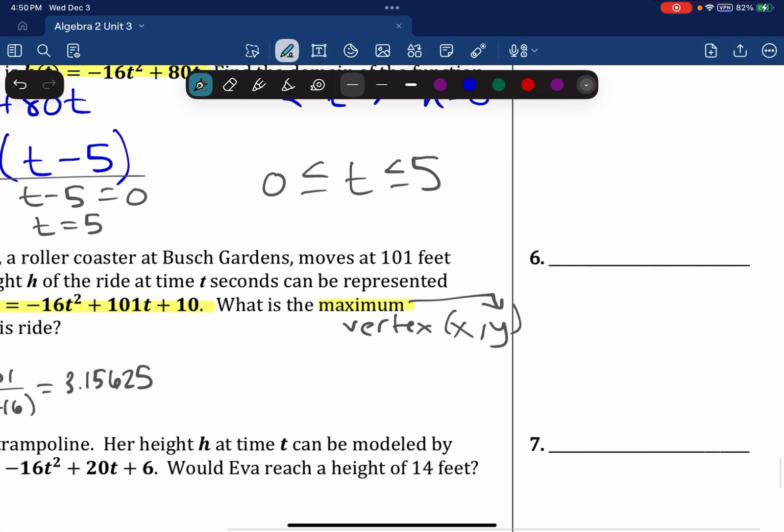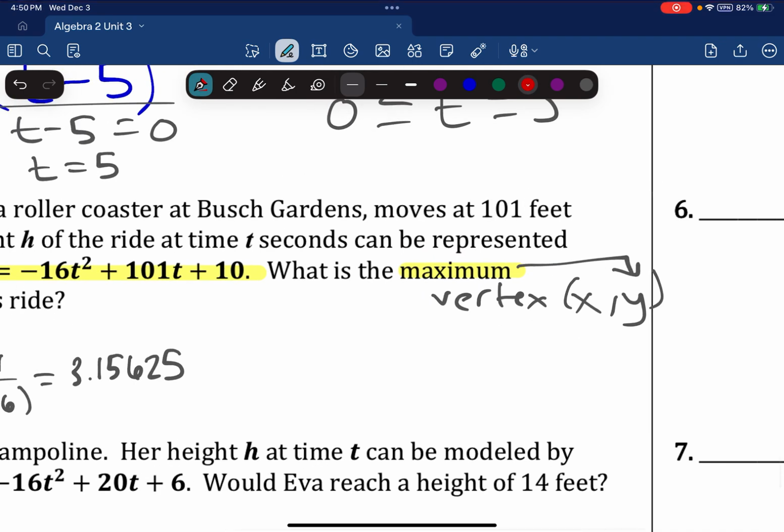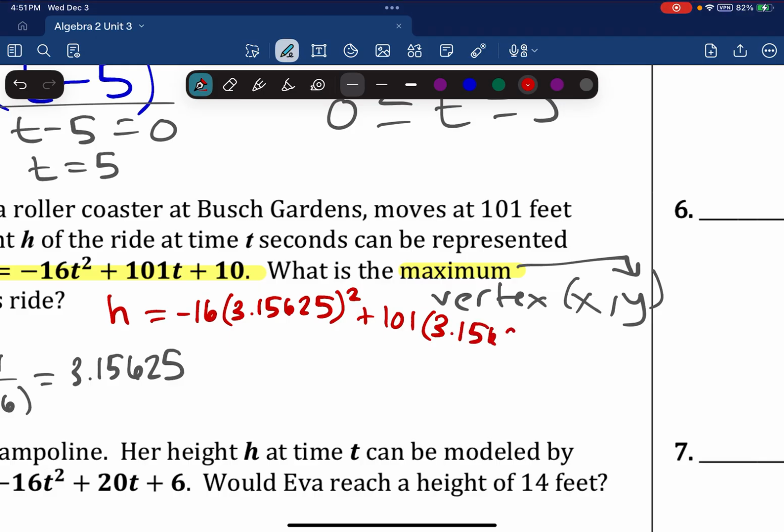So if our time is 3.15625, we're now going to plug that into our equation to find our y value, or our h, our height. Our height is going to be -16 times 3.15625 squared plus 101 times 3.15625 plus 10.